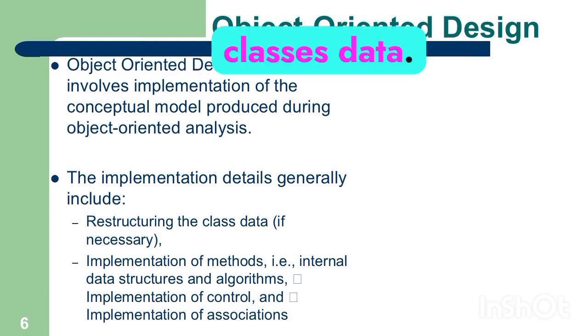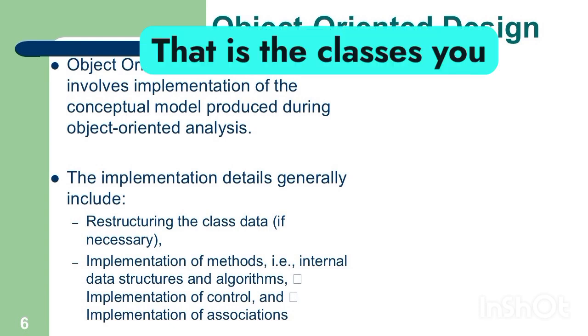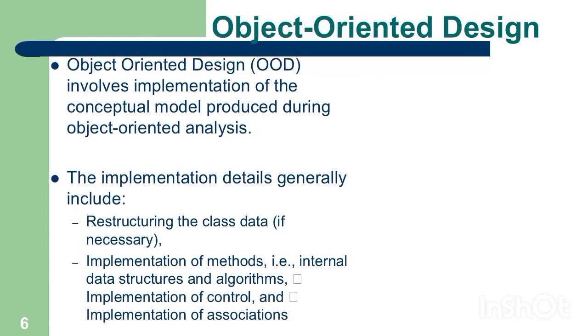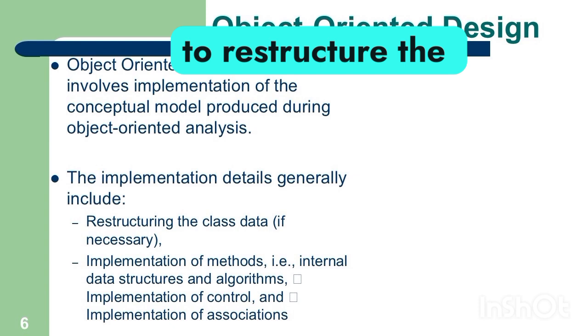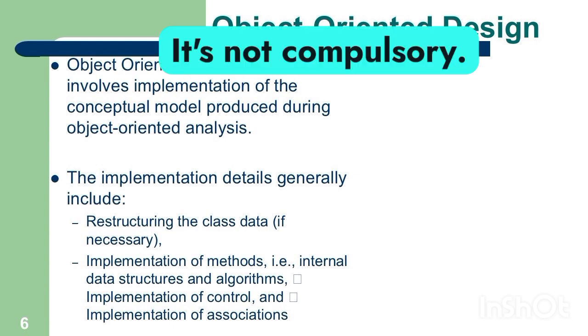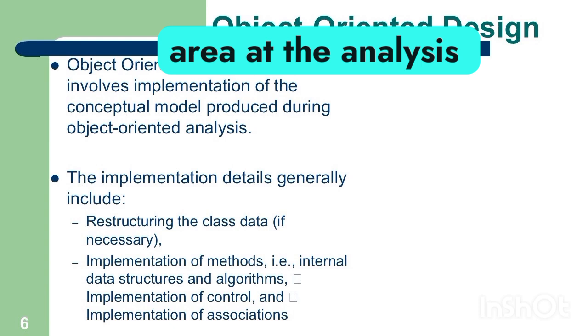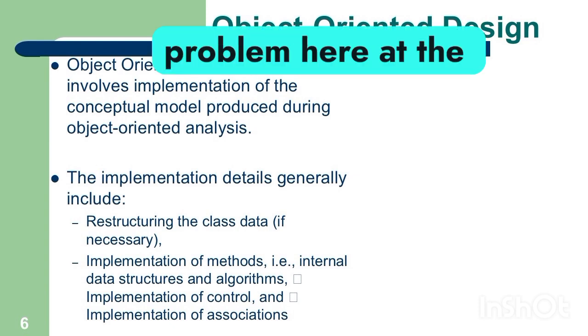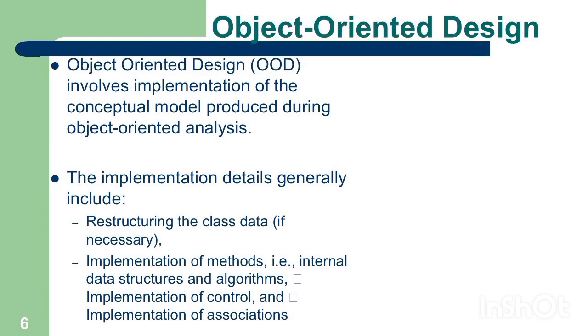Restructuring the classes, that is the classes you have at the concept level. You are going to see how you can restructure the class if necessary. It's not compulsory. If you are okay with the analysis phase, you don't have any problem here at the design.